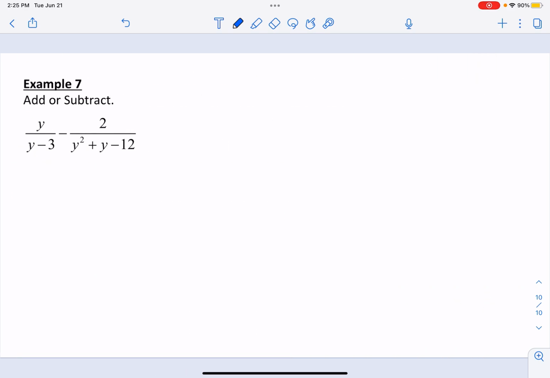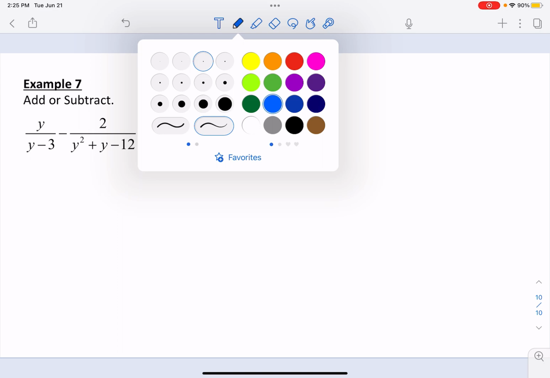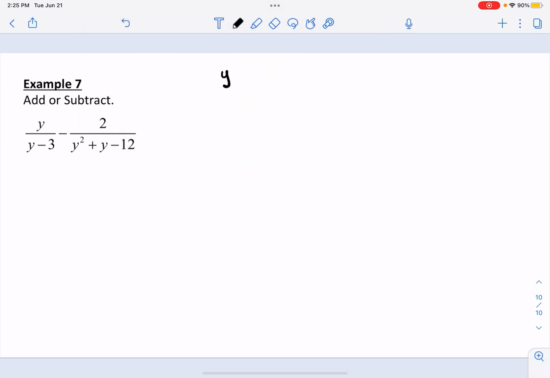Let's do one more, because I know that this is challenging. So we have y over y minus 3 minus 2. Now I factor this, plus 4 minus 3. Okay, so let's look at this. Let's see what we already have.